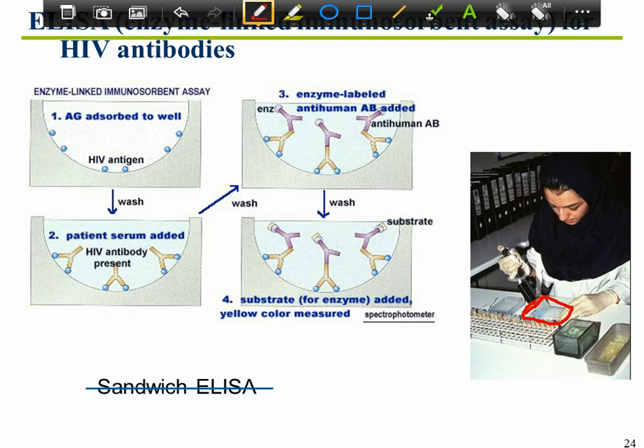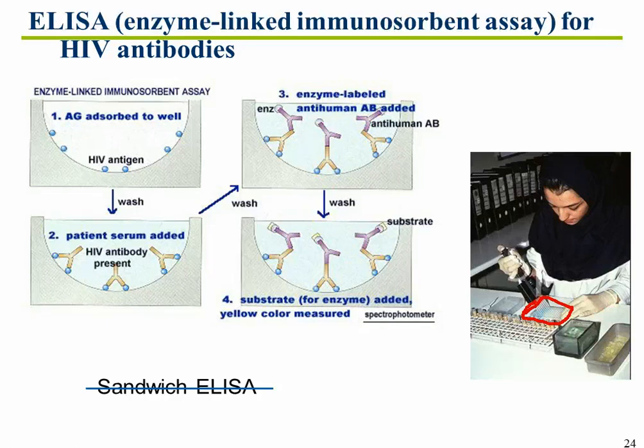It's got about 96 wells in it, and so you can do 96 reactions in the well. This particular test is called the ELISA. It's a type of enzyme immunoassay. ELISA stands for Enzyme-Linked Immunosorbent Assay. Again, it's a type of EIA.